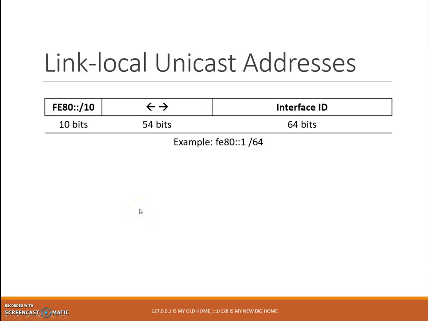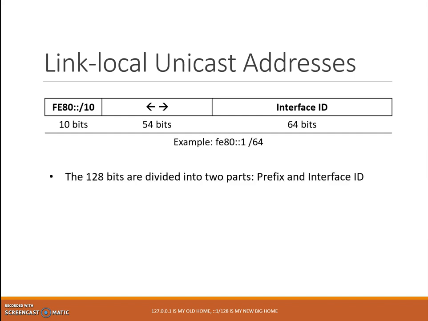The second unicast address is the link local address, which is a unicast address that is confined or used in a single link. The figure shows the format of a link local address. As you can see, the 128 bits are divided into two parts, prefix and interface ID.